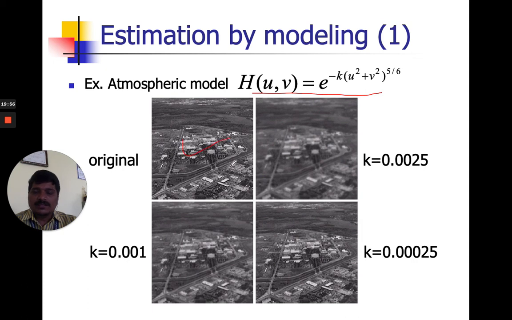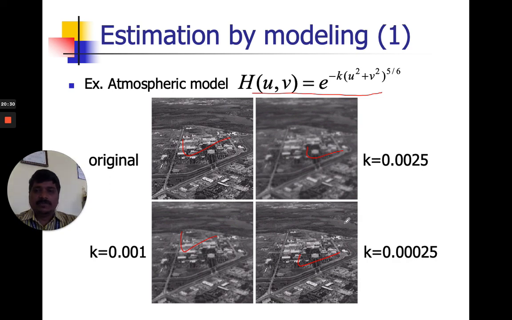Passing it with k equal to 0.025 gives this output, and k equal to 0.01 gives this output. You can see the aerial view, and if you consider k equal to 0.0025, this is the outcome. So this is how estimation by the modeling method can be done.